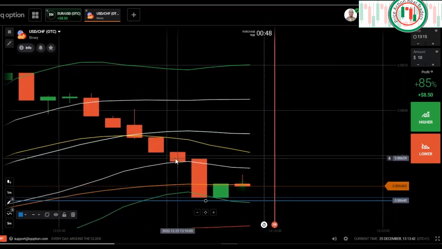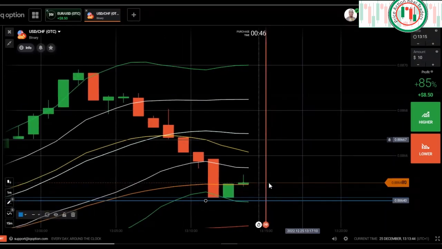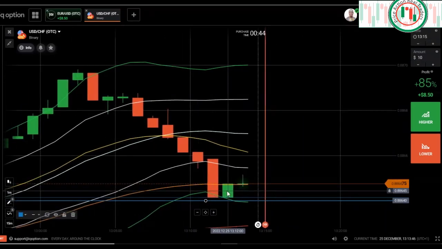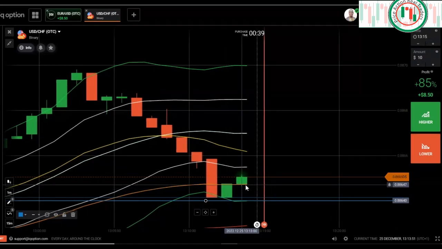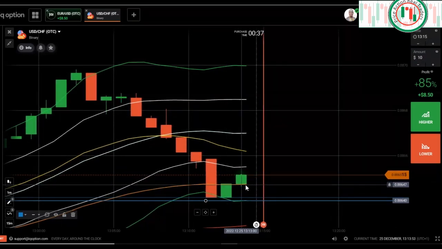We see this is momentum, but we are at an overbought area.